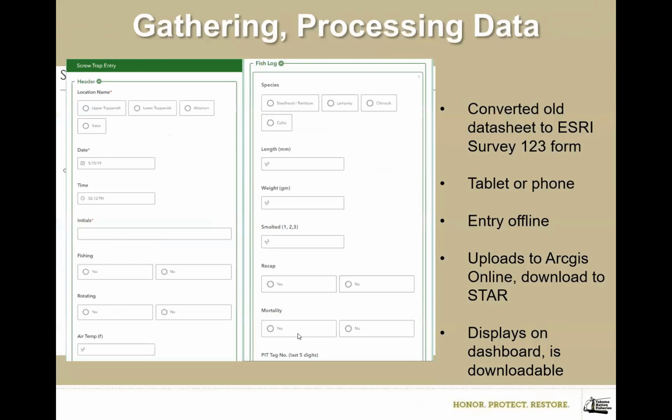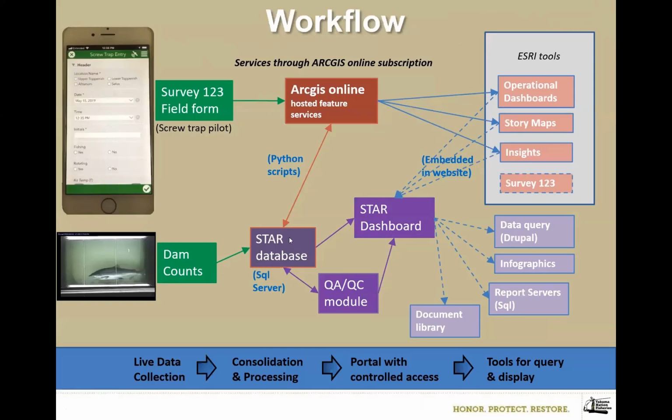And then looking at how the data flows from here to getting it into a shared data set and doing some visualization, I have this lovely workflow, maybe more details than people are interested in, but it just shows how we go from the live data collection, either from the dam counts or the Survey 123 field forms, and then into consolidated places where the data can be processed, downloaded, QA/QC'd, and then brought into different applications where it can be queried and viewed either internally or externally.